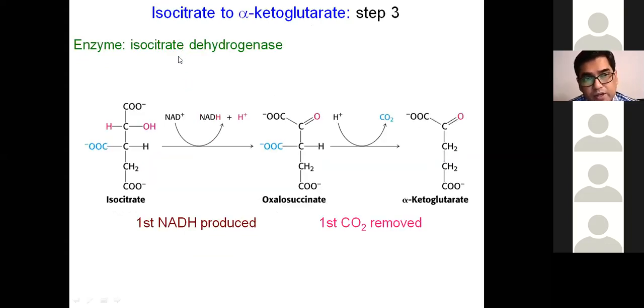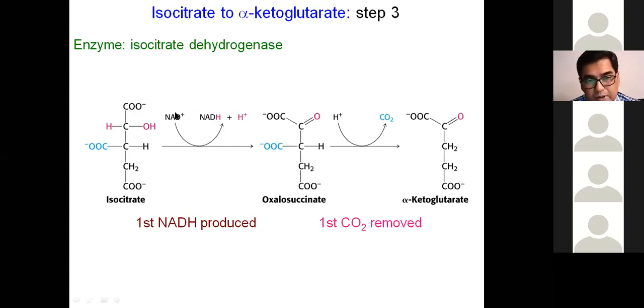In step 3, isocitrate is undergoing what type of reaction? Redox reaction. Dehydrogenase आ रहा है, तो जहाँ पे भी dehydrogenase आएगा redox होगा, जहाँ पे भी redox होगा वहाँ पे NADH या FADH की involvement होगी। तो isocitrate is oxidized to oxalosuccinate, and finally into alpha ketoglutarate.